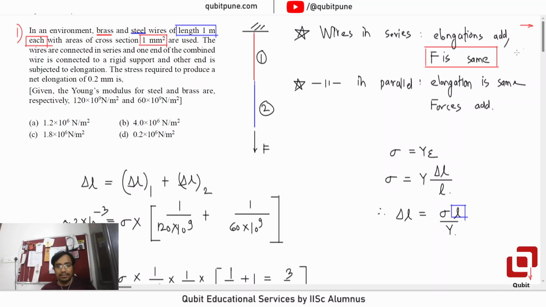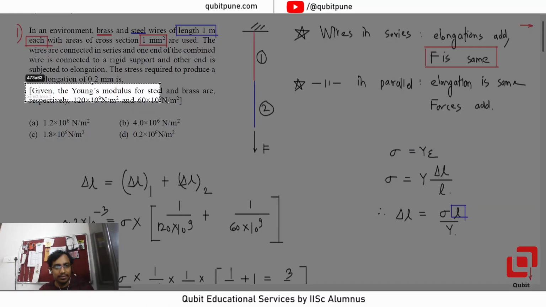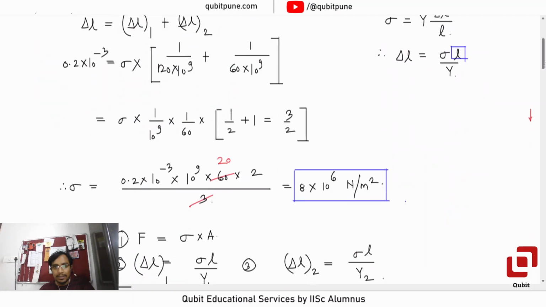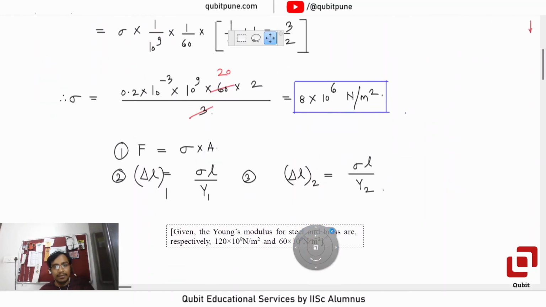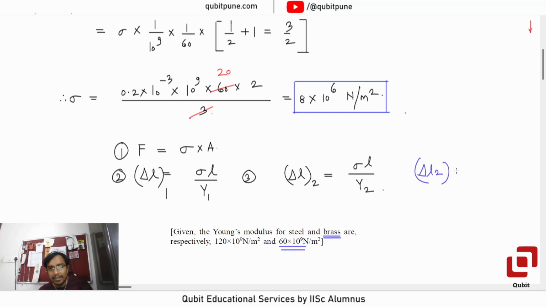Brass or steel? Well, we have to just compare the Young's moduli. The change in length will be greater for the wire having smaller Young's modulus, right? Which one has the smaller? Brass has smaller Young's modulus. So delta L2 will be greater than delta L1. Any doubt in this MCQ?